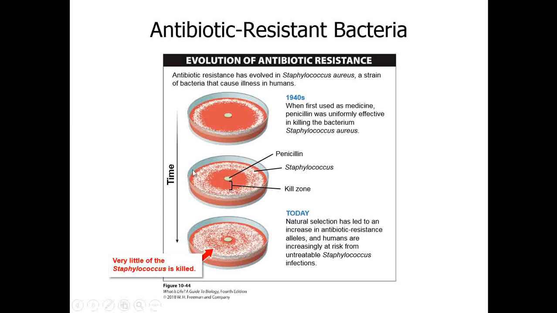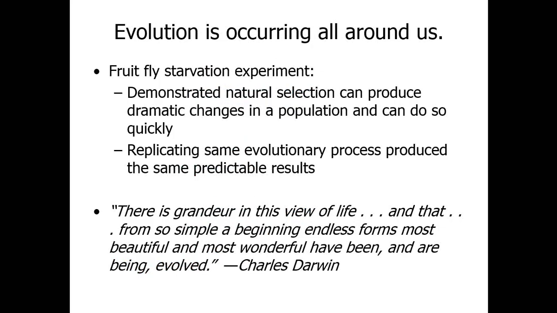In this case, we have resistance genes. And so over the course of time, and after we expose these guys to so much penicillin, what you have today is very few bacteria that are killed by penicillin because everybody has the news. Everybody's got the notes on how to resist penicillin.